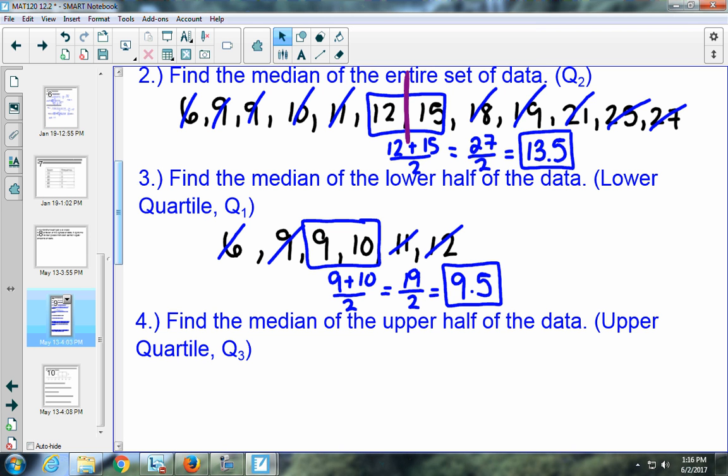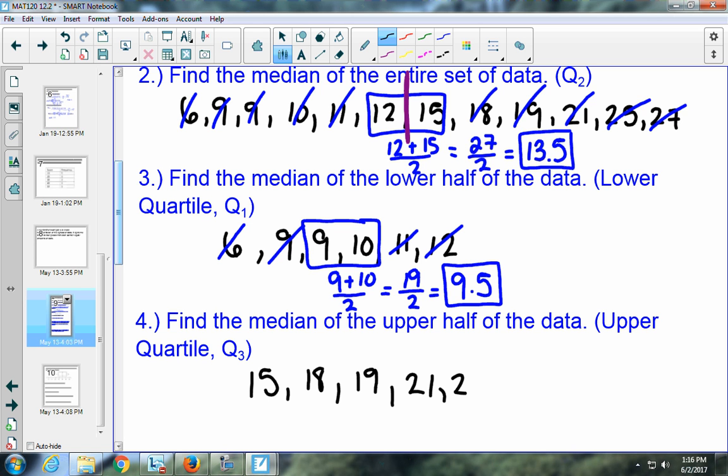Next, I'm going to do the same thing with the upper half of the data. So that is all of the data to the right of, but not including the median. In this set of data, those are the numbers from 15 to 27.